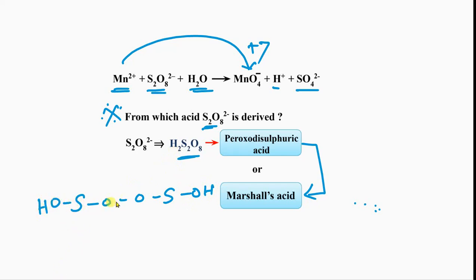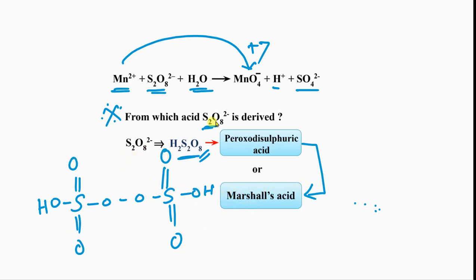Then four oxygens have been given, another four oxygens over there, put on the sulfur atoms with double bonds. So this is the structure of peroxydisulfuric acid or Marshall's acid.